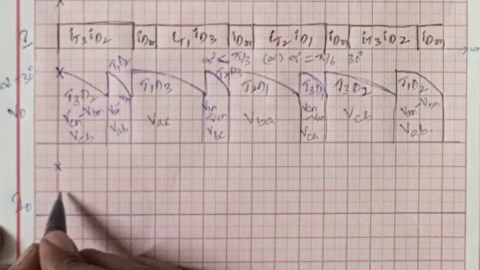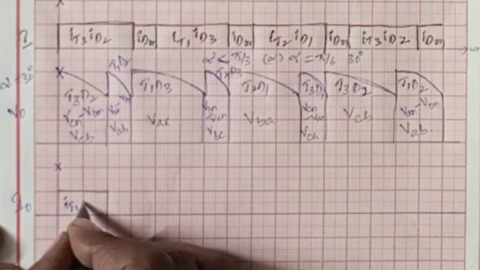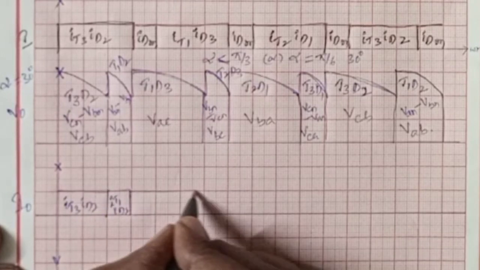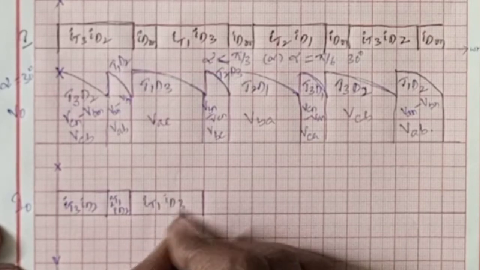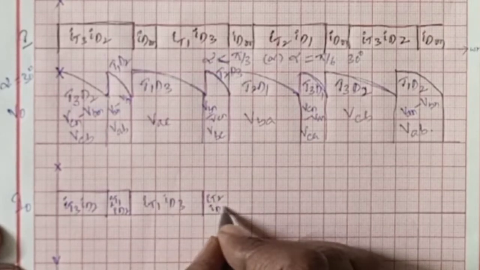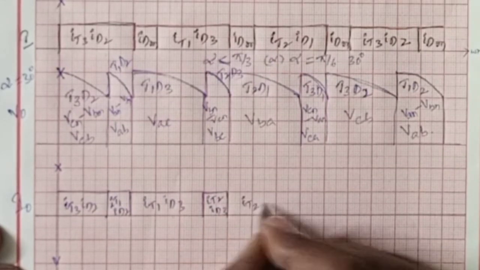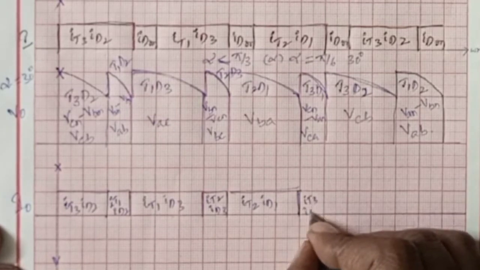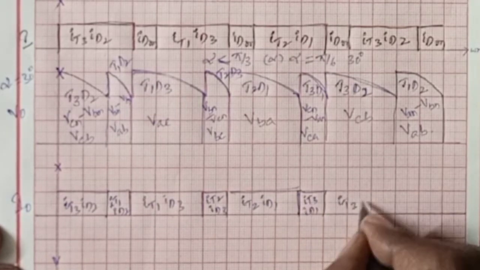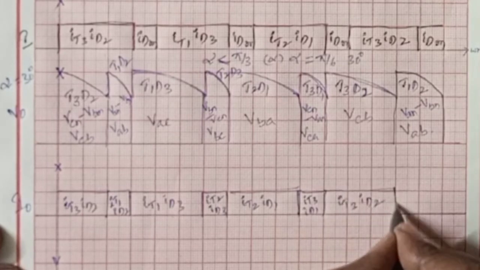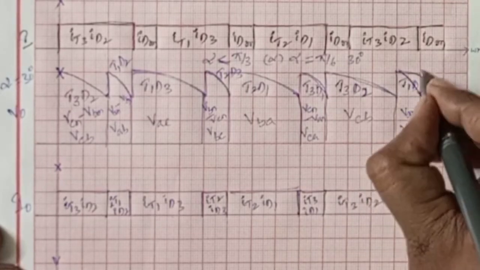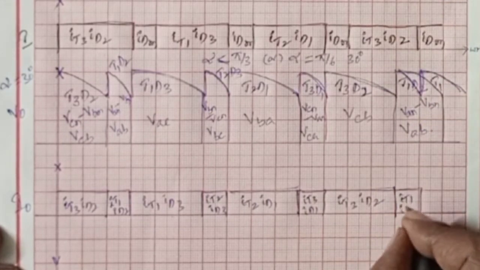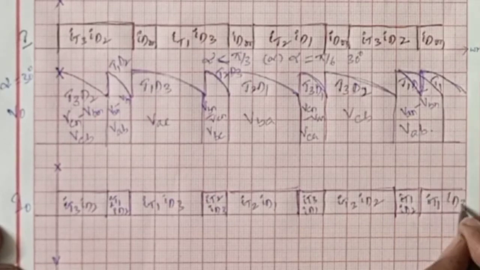Now the currents: IT3, ID2, IT1, ID2, IT1, ID3, IT2, ID3, IT2, ID1, IT3, ID1, IT3, ID2, IT1, ID2, IT1, ID3.